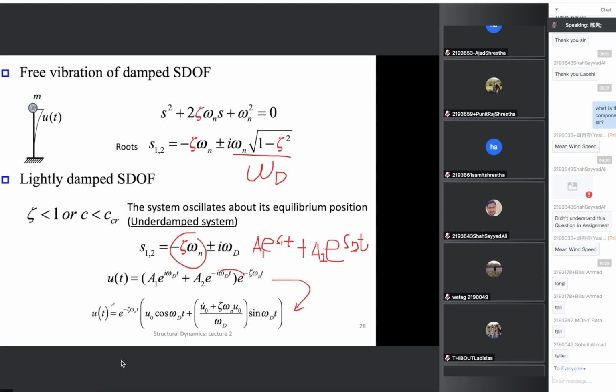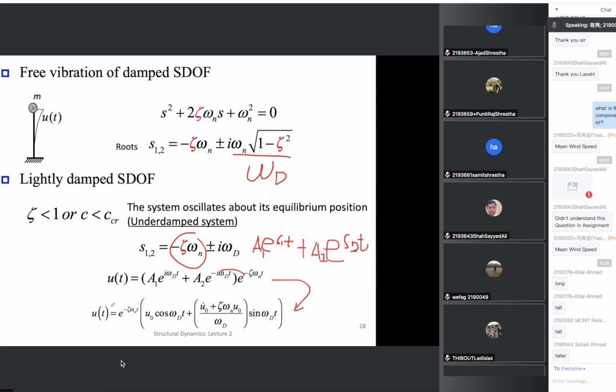For many civil engineering cases, the damping ratio is very small. Does anyone know the damping ratio for a normal structure? What is the value? Well, 0.1. Less than 0.1, yeah.